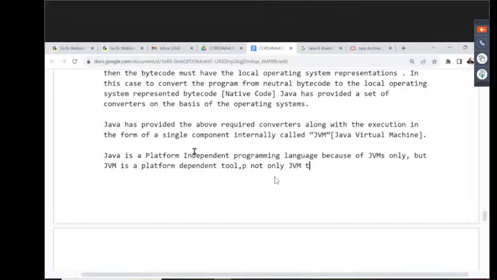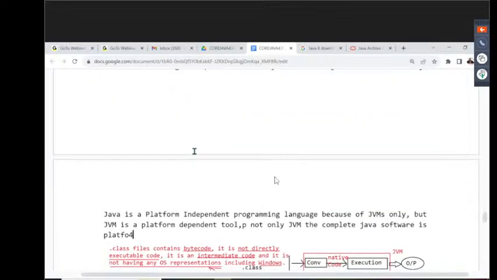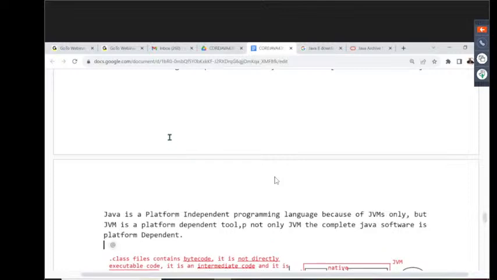Not only JVM, the complete Java software is platform dependent.